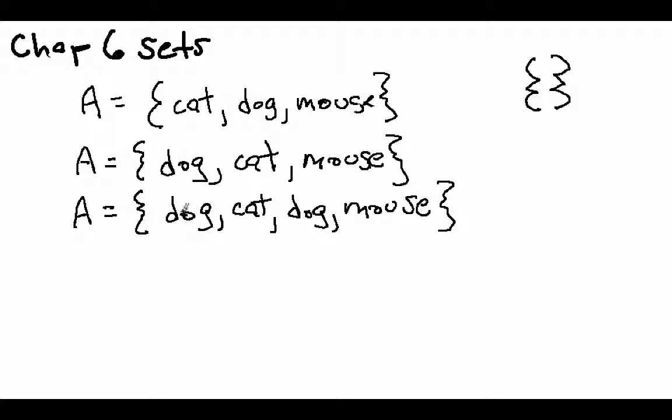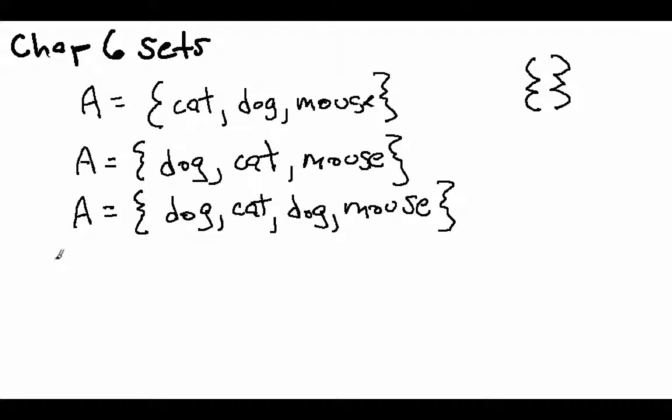But we don't care about how many times things repeat in a set, and by convention we list elements of the set only once. But all three of these sets are specifying exactly the same thing.